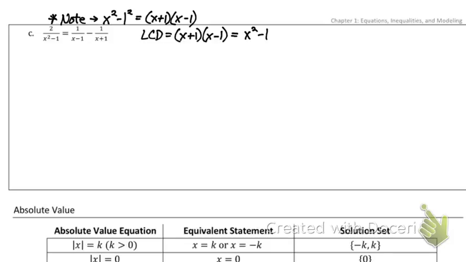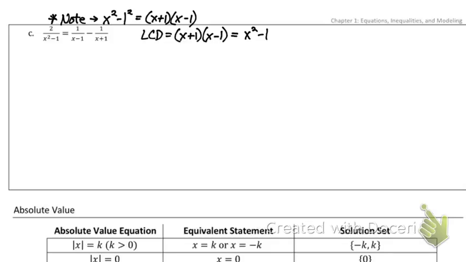What that lets me do is multiply the left side by x squared minus 1 and the right side by this, because those two things are equal to each other. We're still multiplying by the same thing on both sides. So let's go ahead and do that.